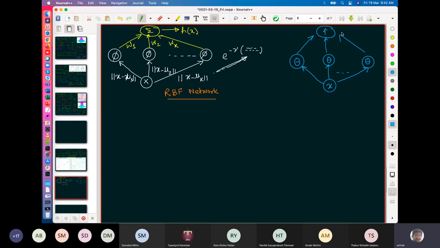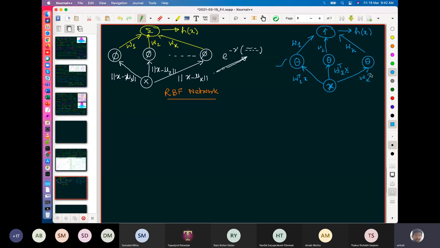So I am just indicating the composition with a different arrow. So here this is my W1, here this is my W2, here this is my Wk. And here, as you can understand, it is nothing but W1 transpose into X getting sigmoid transformed, then added up. This is W2 transpose into X. X is a vector, remember, X is a vector.